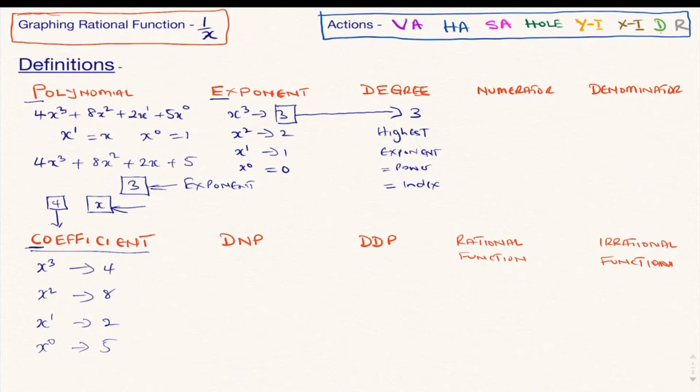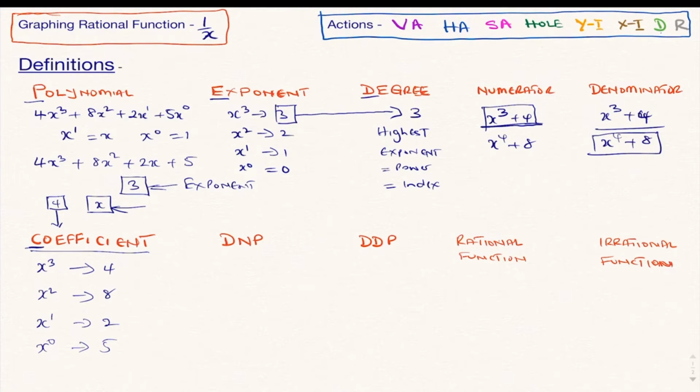Every rational function has 2 parts. The rational function has a numerator and a denominator. In this case, the top function I've written here is the numerator, and the bottom function will be the denominator.